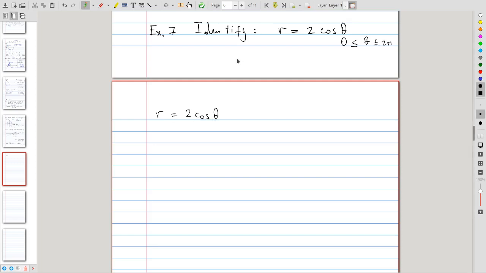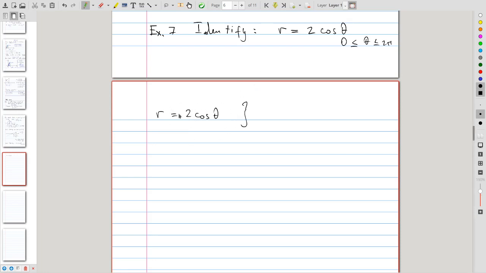Okay, so how do we identify this curve? The easiest method of identification to us is to rewrite this curve in terms of its Cartesian coordinates and then try to recognize it there, because we have a fairly large toolbox of curves in Cartesian coordinates that we can recognize. And so the hope is that once we convert this to Cartesian coordinates, we can deal with it.